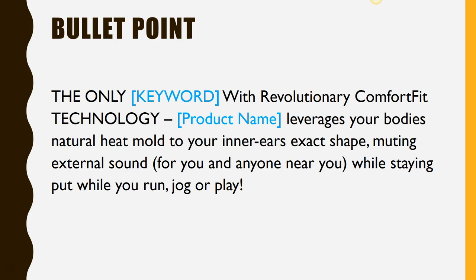They might be more or less aesthetically pleasing to one person or another. They might be priced differently. They might come with different bonuses, but if you can position your product as the only one that has a specific thing, people are likely to stop and pay attention. So the only, and then you insert your keyword, right? So the only Bluetooth headphones, or the only wireless Bluetooth headphones with revolutionary comfort fit technology, and then your product name. Let's talk about hypnotic product names for a second.